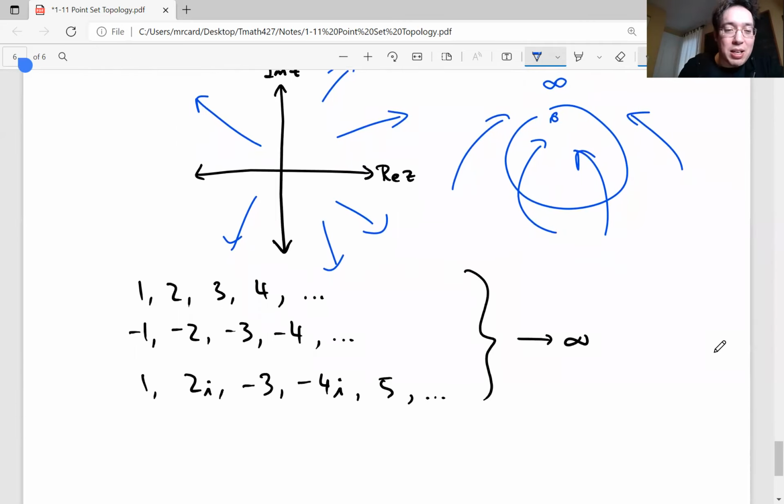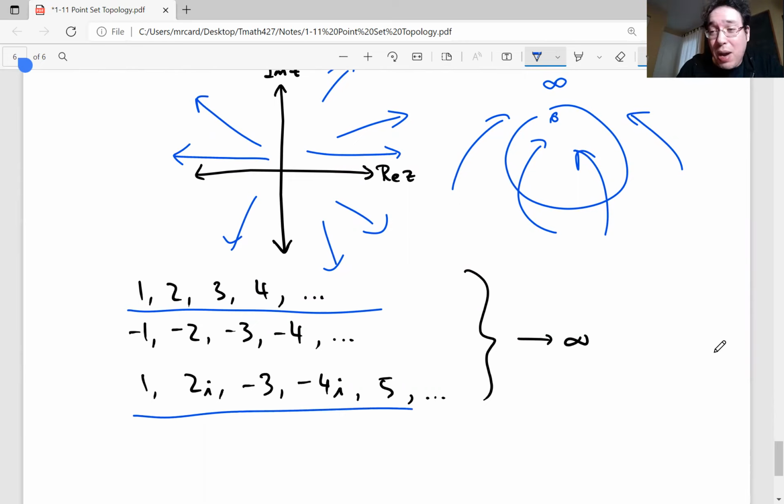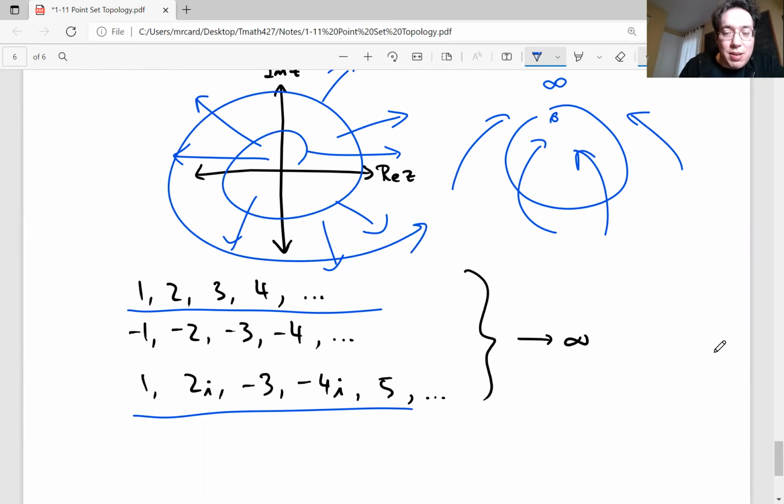So if you consider sequences like 1, 2, 3, 4, going in that direction, -1, -2, -3, going that direction, you could also spiral out, right? 1, 2i, -3, -4i, so maybe a spiraling out sequence. It is useful to consider this as a sequence that's approaching infinity.